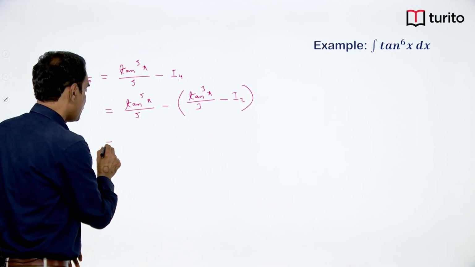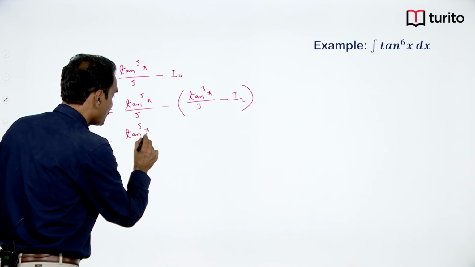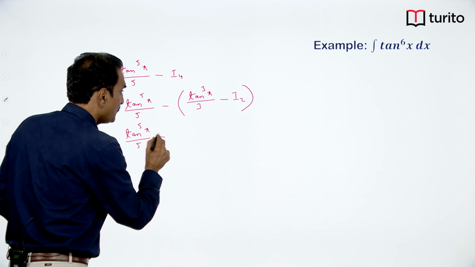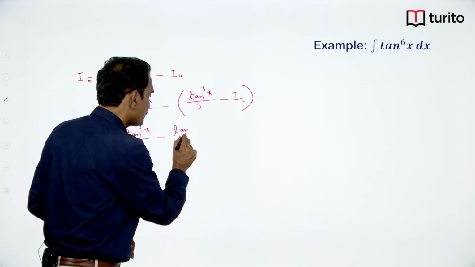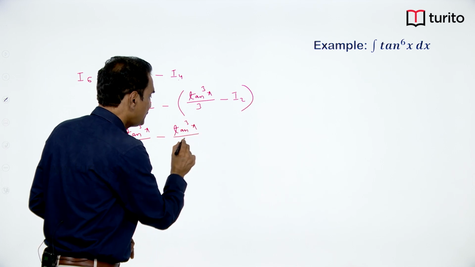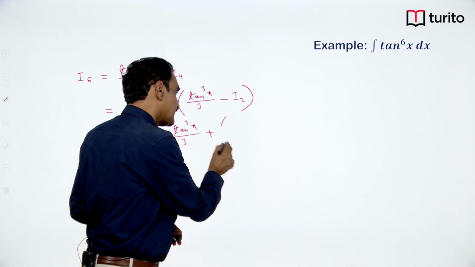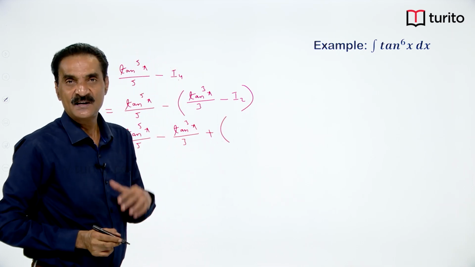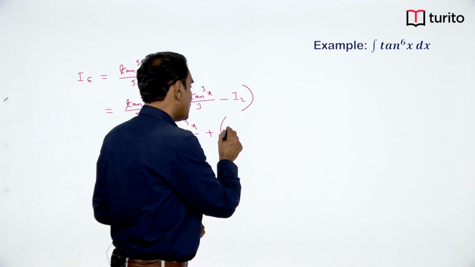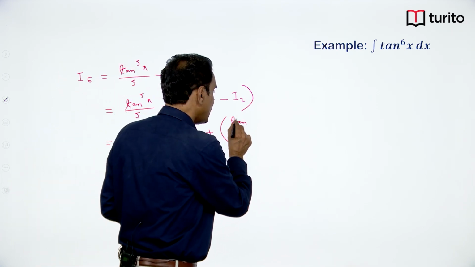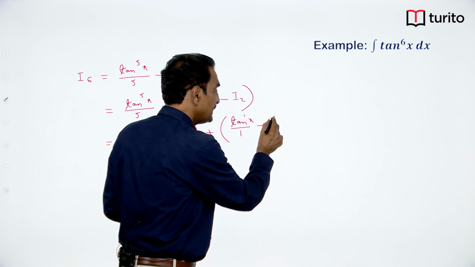Then tan power 5x by 5 minus tan cube x by 3 minus of minus plus I2. Let us write I2. Use the same formula. If n is equal to 2, the formula becomes tan power 1x by 1 minus I2 becomes I0.